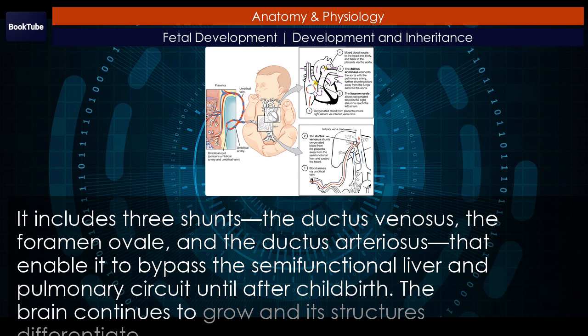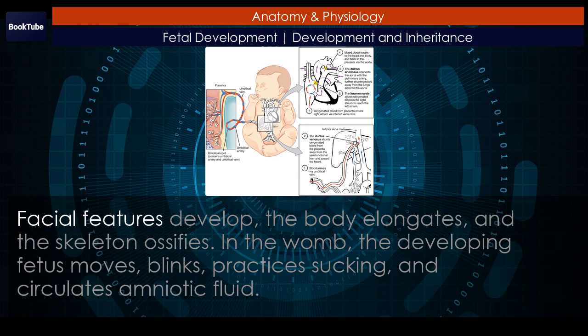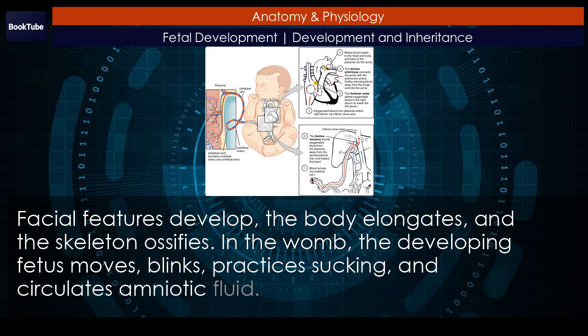The brain continues to grow and its structures differentiate. Facial features develop, the body elongates, and the skeleton ossifies. In the womb, the developing fetus moves, blinks, practices sucking, and circulates amniotic fluid.